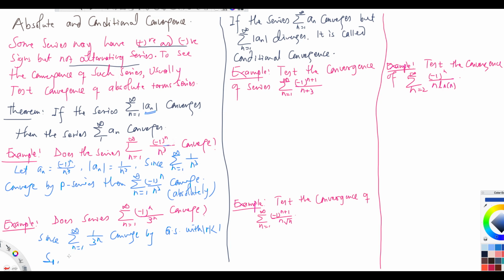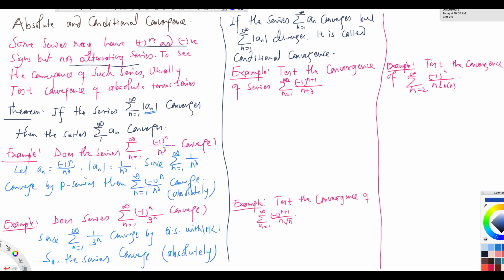So the series converges. Here it converges absolutely, meaning the absolute value series converges. If the absolute value series converges, then this series also converges, meaning that absolute convergence implies convergence. But for some series, the regular series converges, but the absolute value series does not converge.